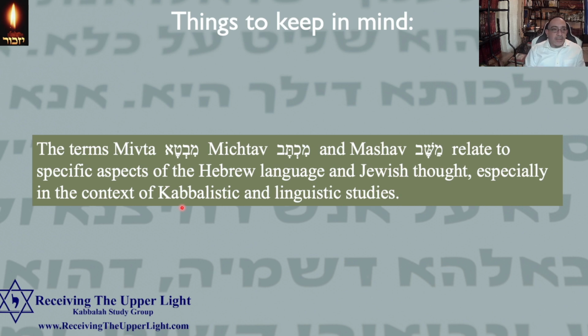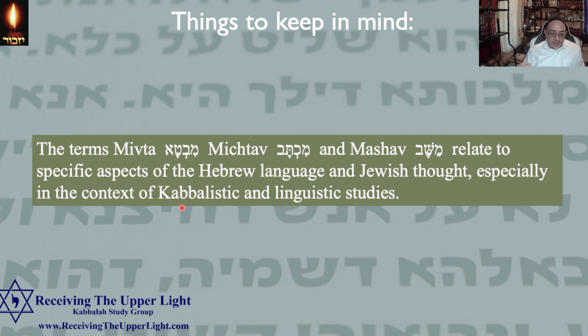And once again, these three terms that we're going to talk about, the Miftah, the Michtav, and the Mashav, are based on the Sefer Yetzirah, specifically the first chapter and the first paragraph, where he talks about Sefarim, Sephor, and Sipur, right?